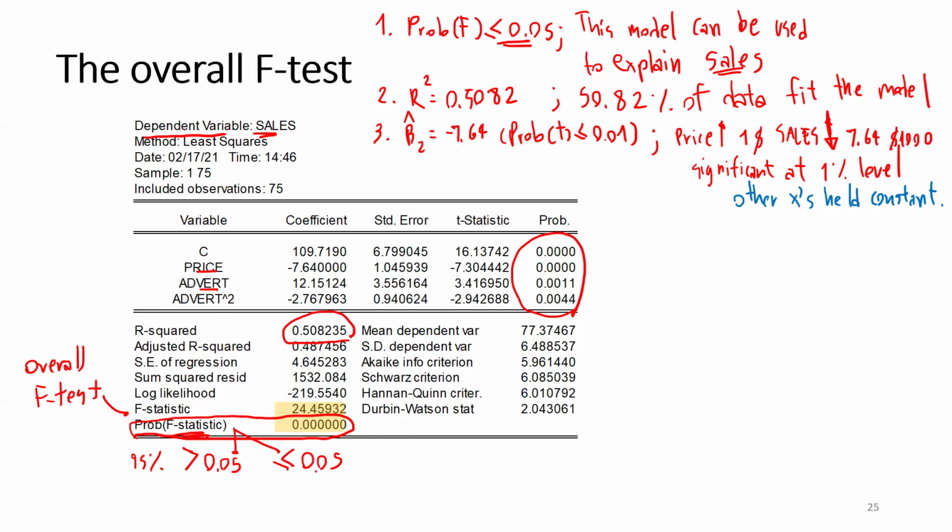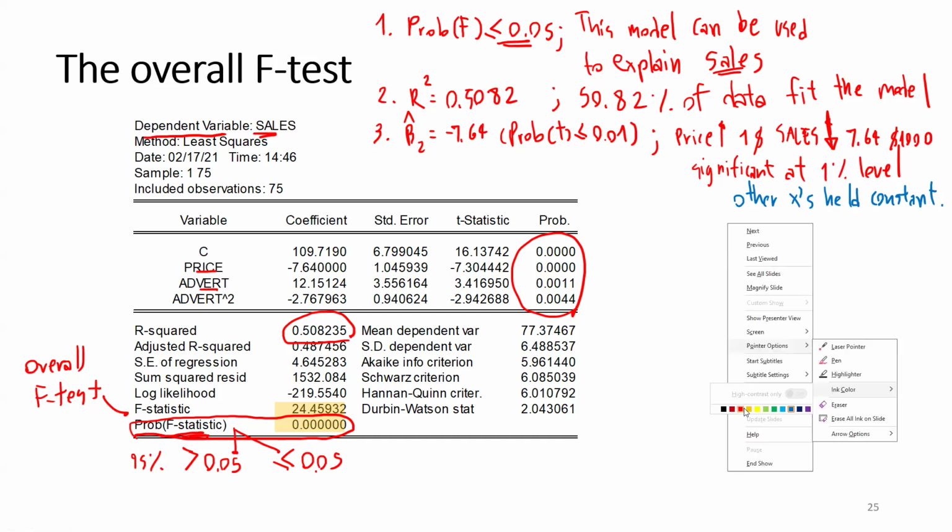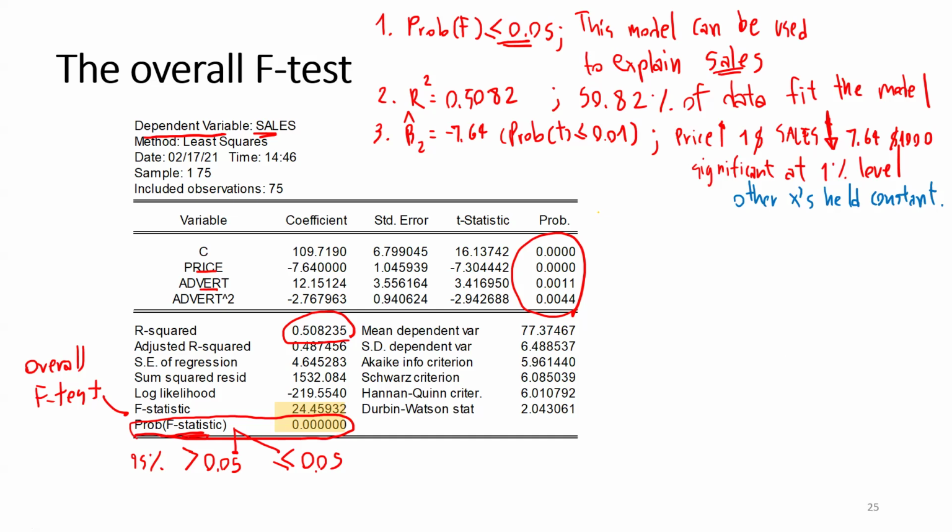And then if we see each beta and its p-value, we can see that if price increased by $1, sales decreased by 7.64 thousand dollars, significant at the 1% level, other X held constant. Okay, we have to do the other betas as well.